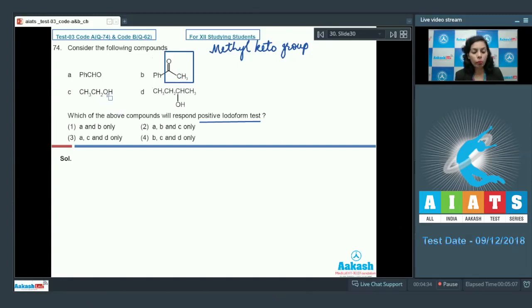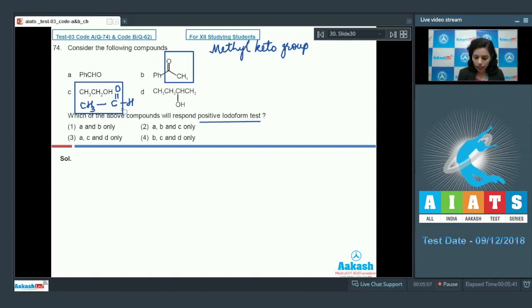What about this compound? This is the compound which on oxidation can form another compound that has methyl keto group. So this will also show positive iodoform test because on oxidation it forms the compound which has keto methyl group. So on oxidation it will form CH3COH. So this also contains this keto methyl group.